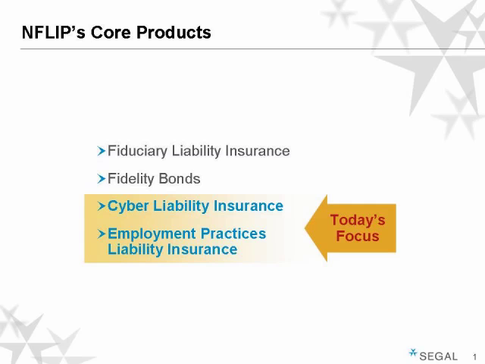And then employment practices liability insurance, which is pretty standard in the corporate world and is really an important coverage that any self-administered plan should consider because it does provide coverage for the wrongful termination, sexual harassment, discrimination type exposures that are out there when you have employees.